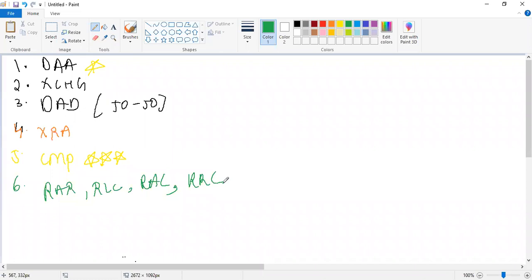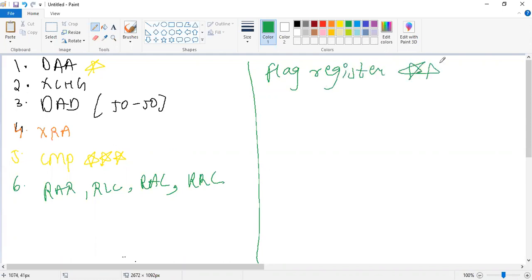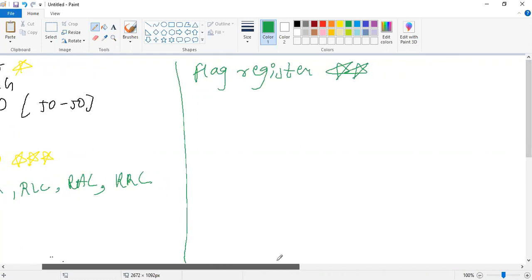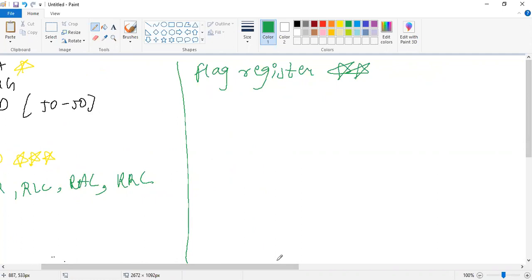Apart from this, there is something called the flag register. This is also one of the important ones. It used to come in every exam, the flag register. And in instructions, this much only, I think.